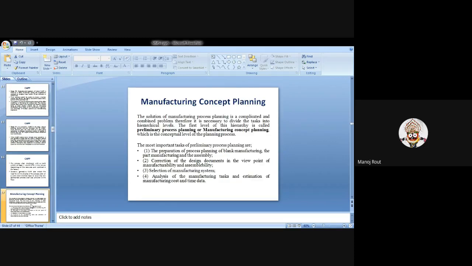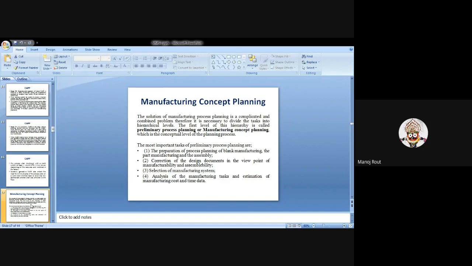The next topic is manufacturing concept planning. The solution of manufacturing process planning is a complicated and combined problem. Therefore, it is necessary to divide the tasks into hierarchical levels. The first level is called preliminary process planning or manufacturing concept planning, which is the conceptual level of the planning process.